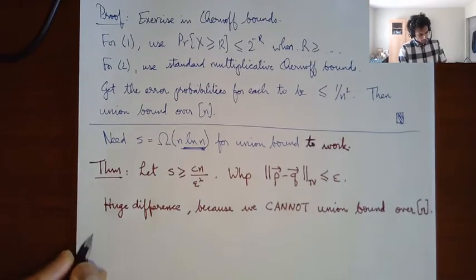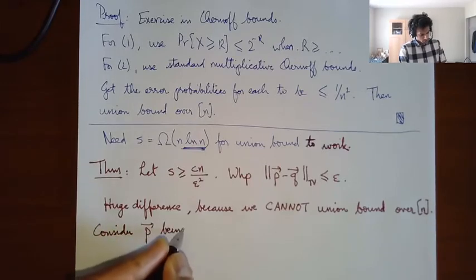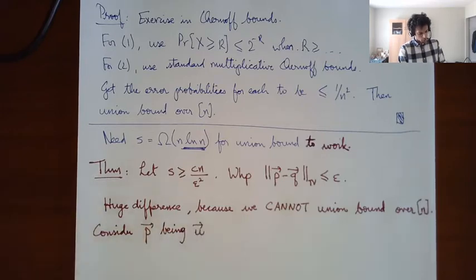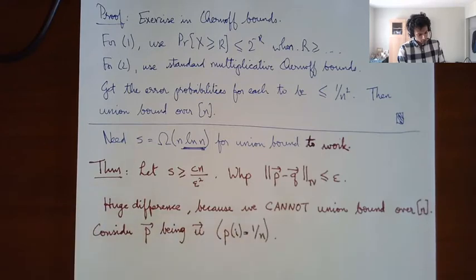Why? Consider P being U, the uniform distribution, right? So this just means that all P of i's are 1 over n.